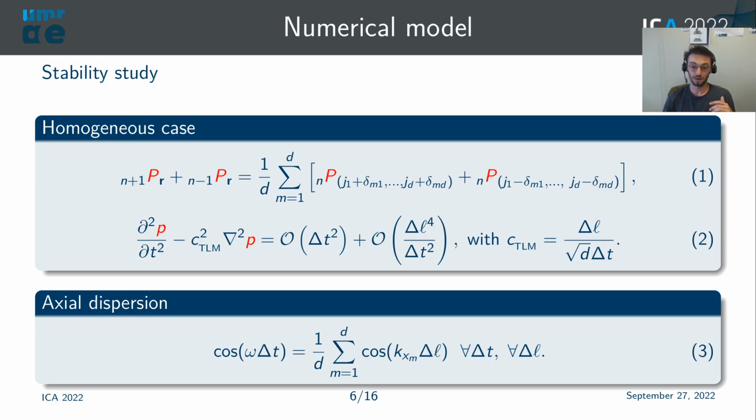You can see here that this method is order 2 in time and space, and that the propagation speed is related to the discretization of the mesh, so delta L here and delta T. However, going through this theoretical aspect, it's possible to show that the method is dispersive and presents axial dispersion on the main axis of the mesh.